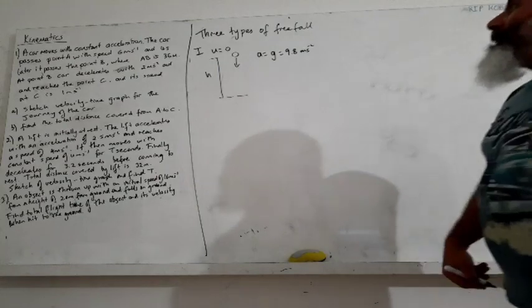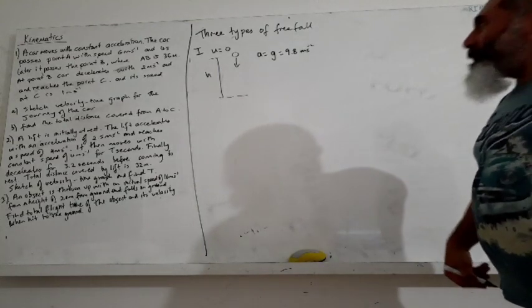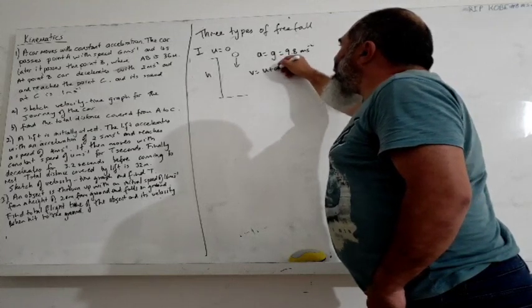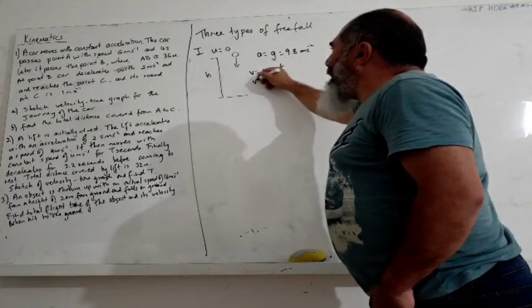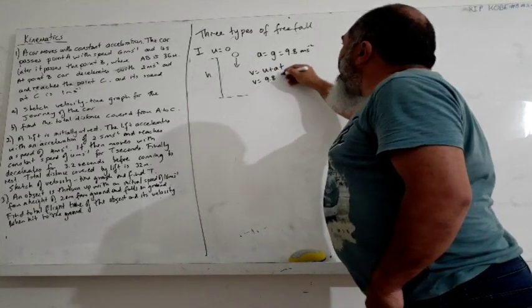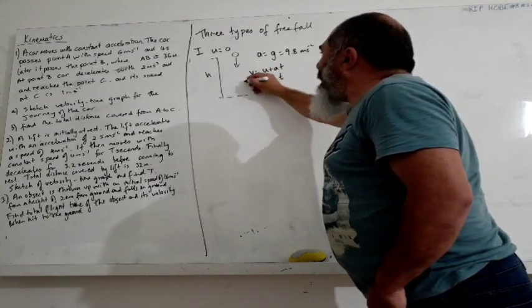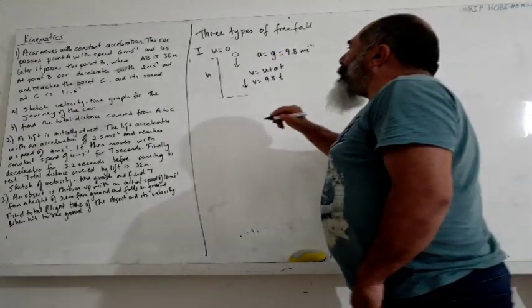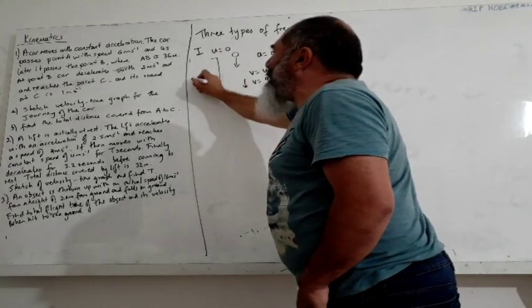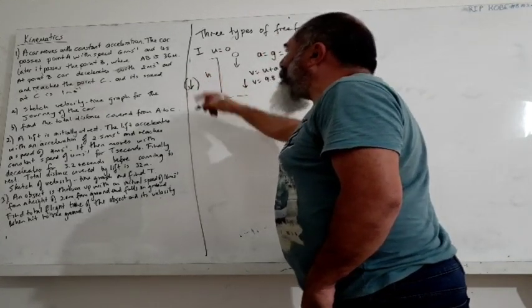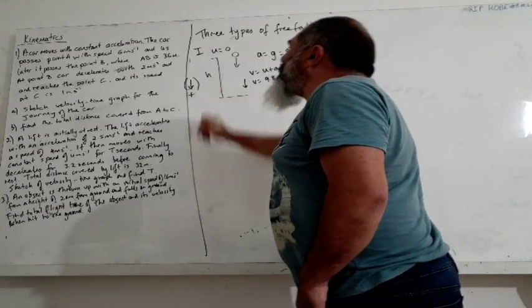Here v is equal to u plus at, where u is 0, acceleration is 9.8, and substitute t there. And you have to remember that it is downwards. In mechanics we have the chance to choose the initial direction as positive, which is downwards in this case.